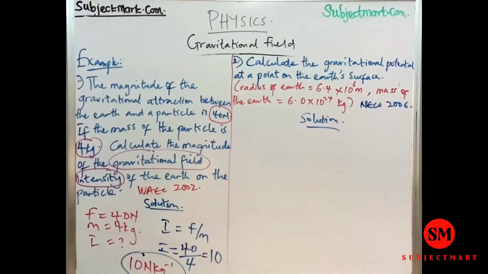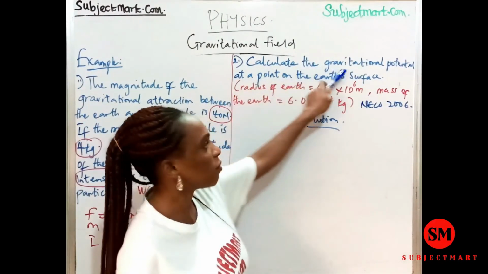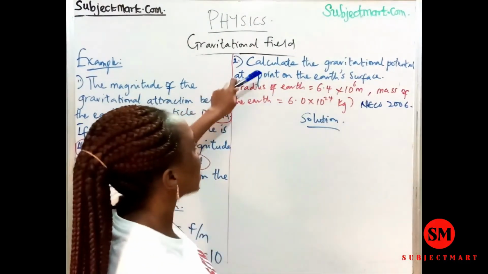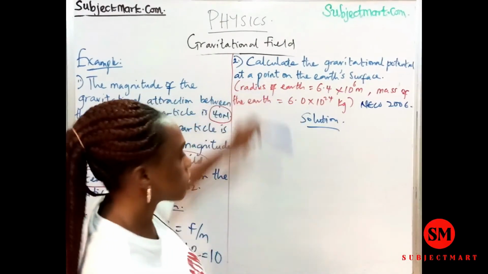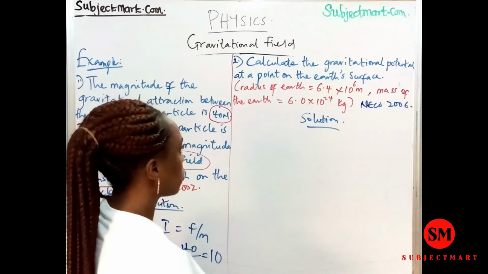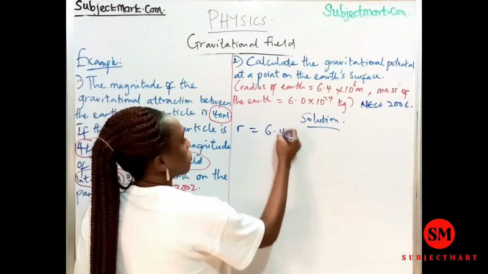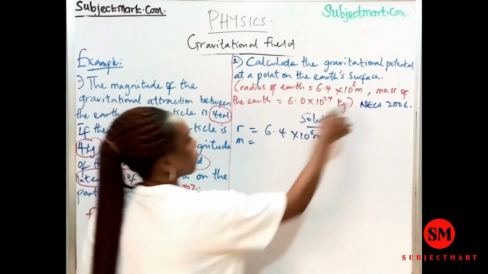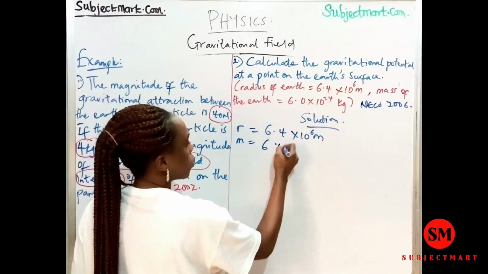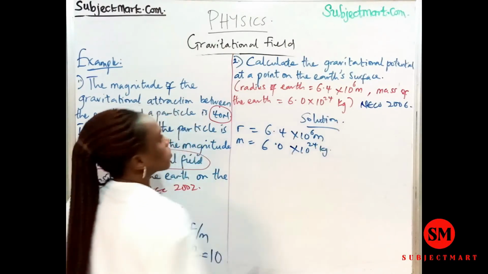The second example here is this. It says, calculate the gravitational potential at a point on the Earth's surface. The radius of the Earth is given as 6.4 times 10 raised to the power 6 meters. The mass of the Earth is 6.0 times 10 raised to the power 24 kg.